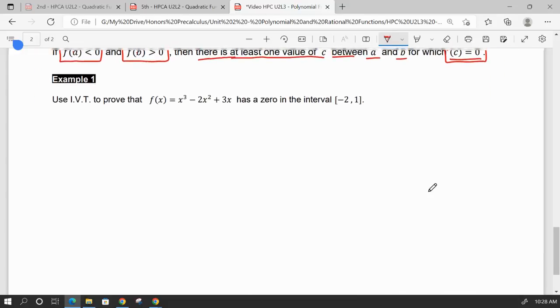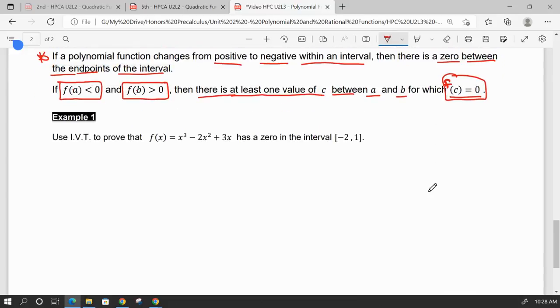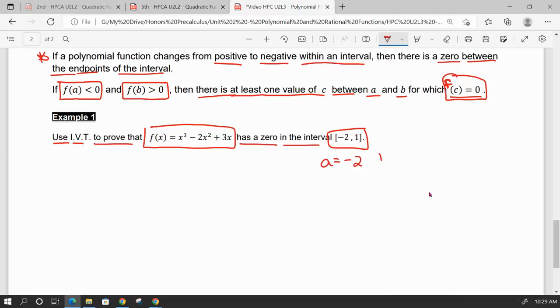So here we go, applying the intermediate value theorem. Use the intermediate value theorem to prove that f of x has a 0 in the interval -2 to 1, including. So your a would equal -2, your b would equal 1. Substitute -2 into the function.